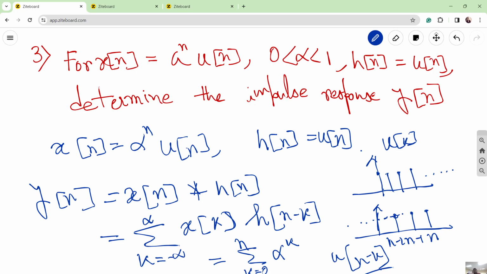So it will be for k equal to 0 to n only this region. And it starts from 0 because this sequence starts from 0.